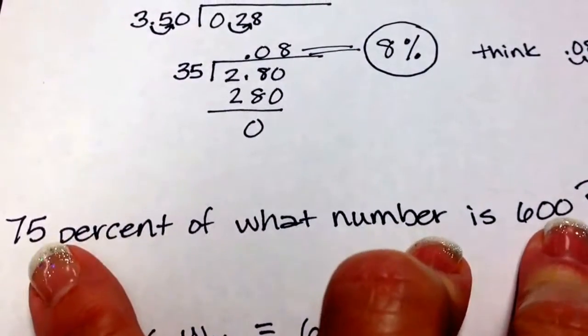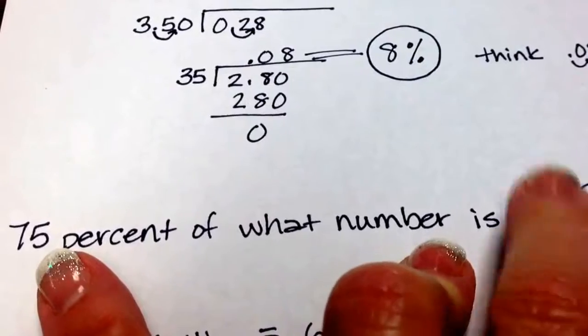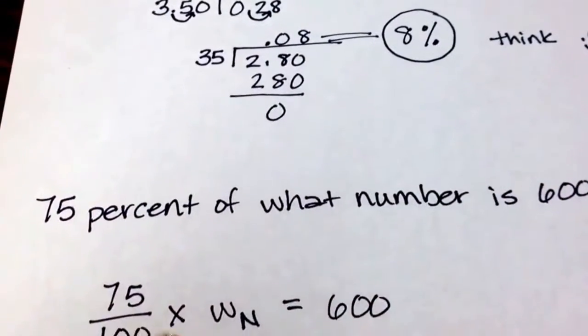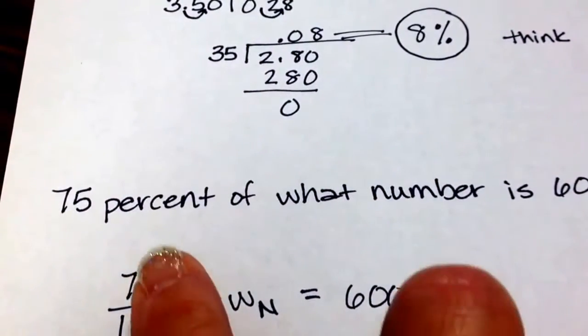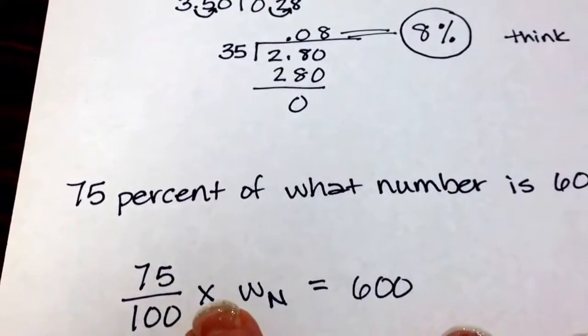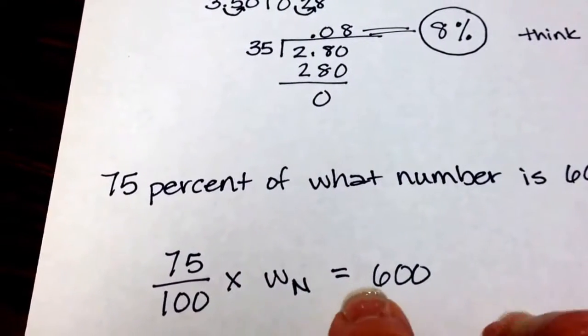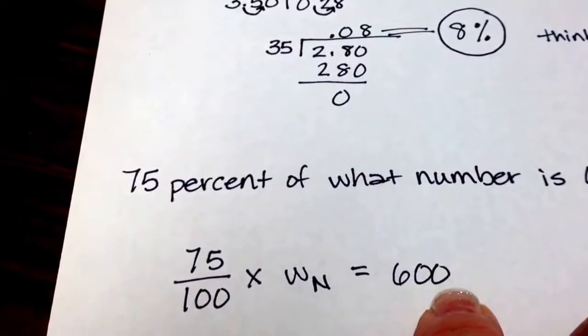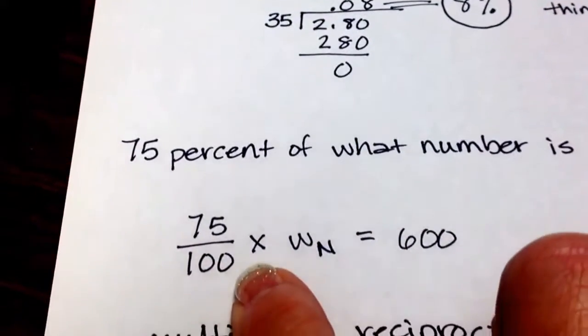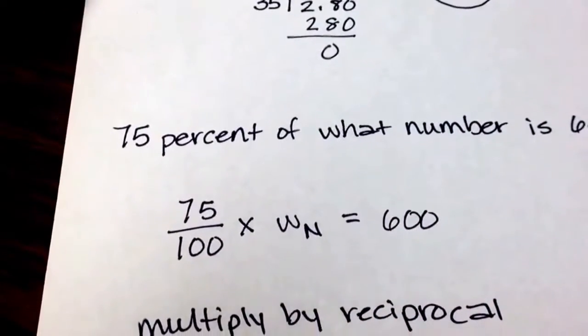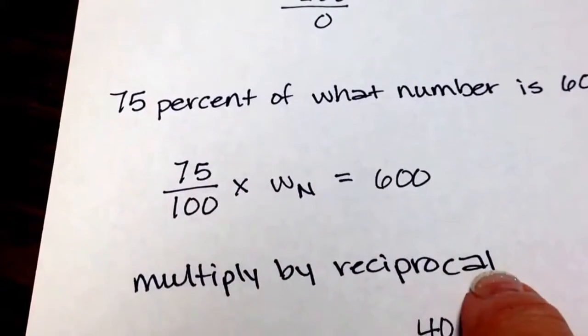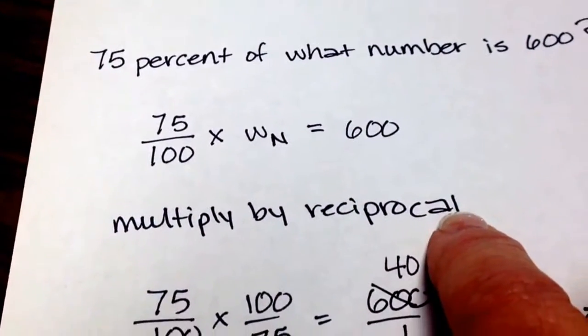Okay? How about if we're given the percent: 75% of what number is 600? We can't just take 75 times 600. 600 is the answer. It's 75 over 100, right, because that's 75% in fraction form, of what number is 600? This is multiplication, so I need to divide, because it's a fraction. That's really going to be multiplying by the reciprocal, right?